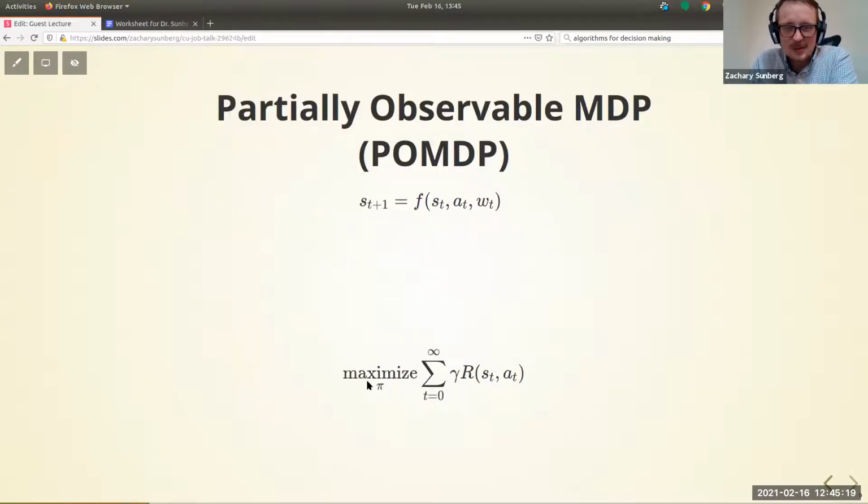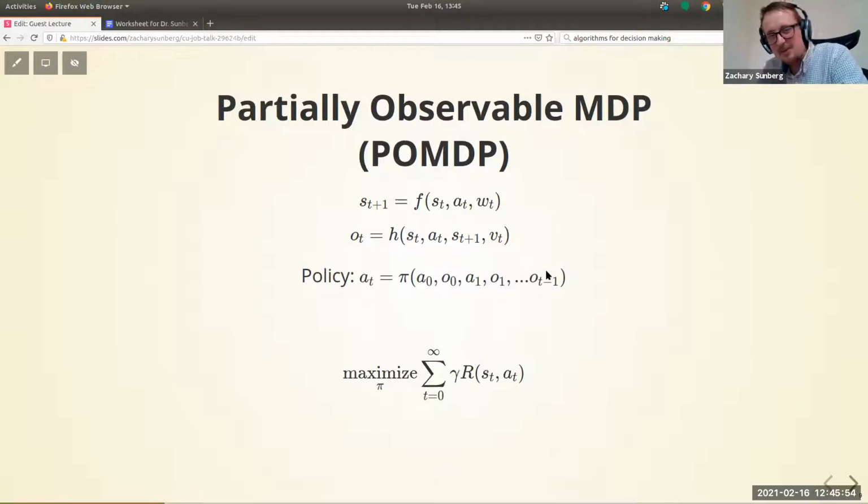Okay. So with a partially observable MDP, a POMDP, we keep the same state dynamics and the same objective. Except now, instead of being able to observe the state exactly and building a policy off the state, we get observations, which are some function h of s_t, a_t, and the new state with some noise v_t.